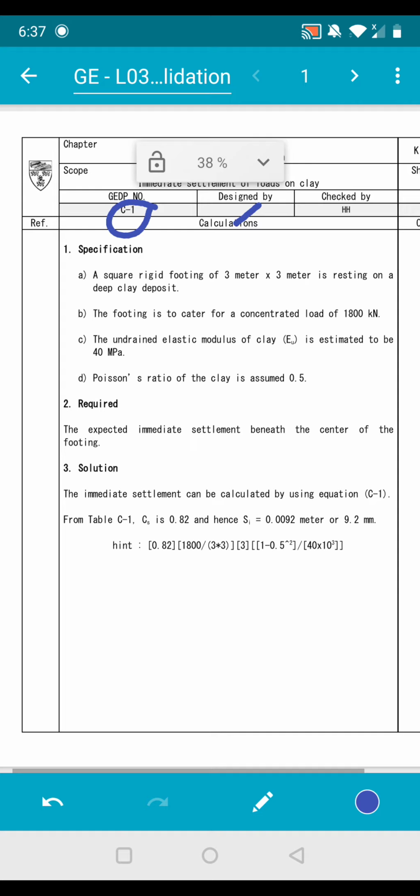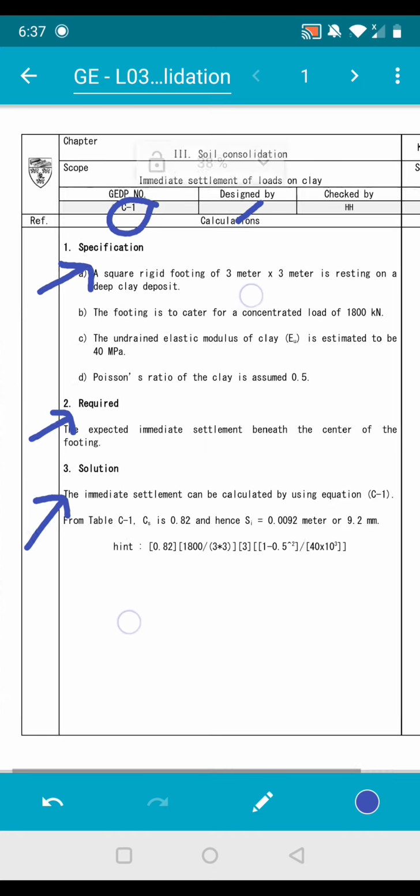Again, I would like to stress, in any geotechnical design pad you would like to have three main aspects, which is first the aspect of specification, second is required, and lastly your solution. So make sure you understand all of these three aspects before you can come up with a decision making in geotechnical engineering.